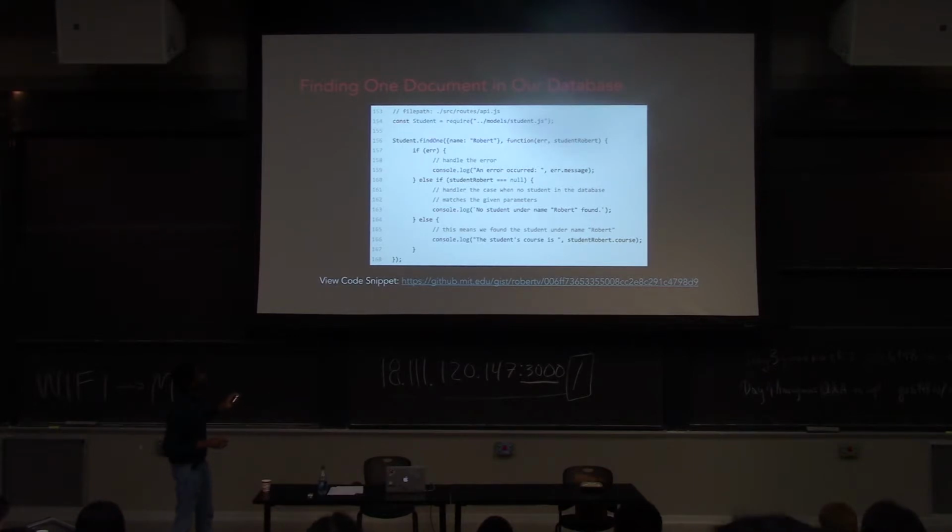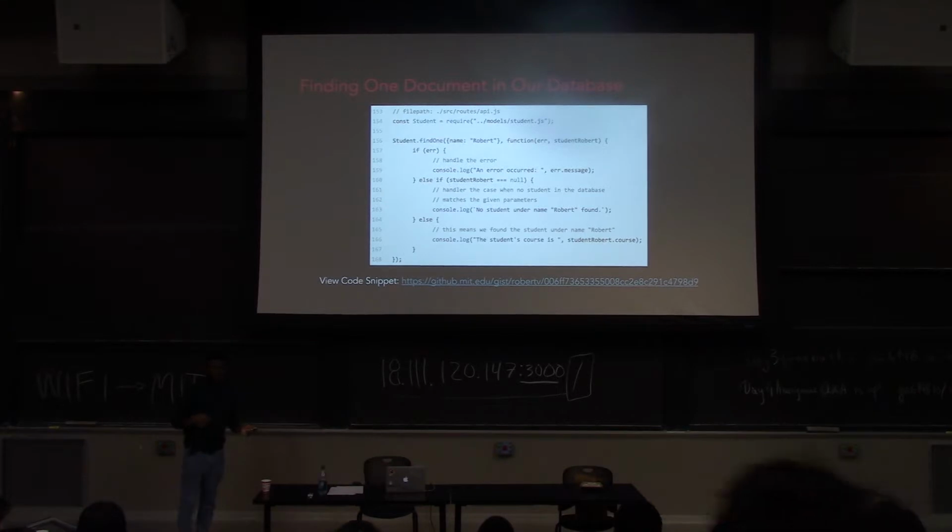So this first check here, if error, is checking, if I have an error, I want you to do this. What is inside of this bracket? Does that make sense? I could handle the error. Here I just put console.log error. So in your server you will see the console say, oh, I got an error.